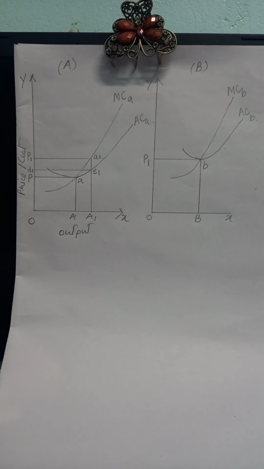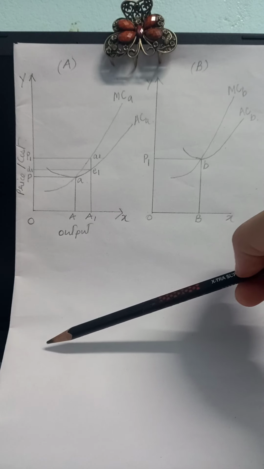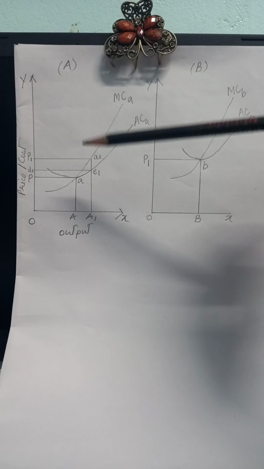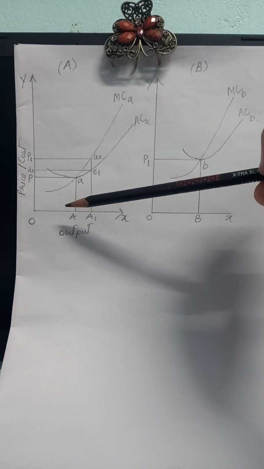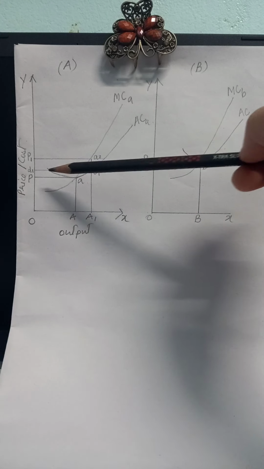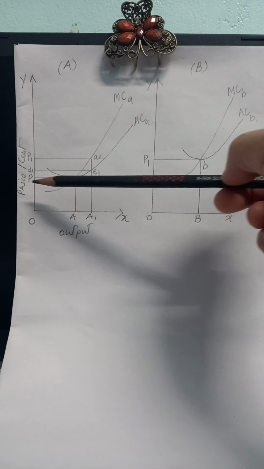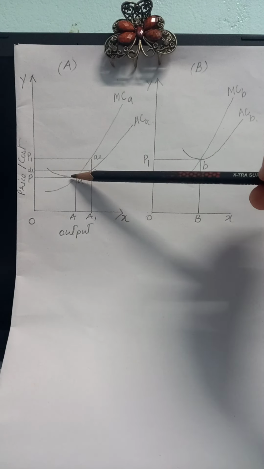If you look at the diagram earlier, when the producers first made use of plot A, we have the marginal cost curve of plot A, the average cost curve of plot A, and this marginal revenue curve.